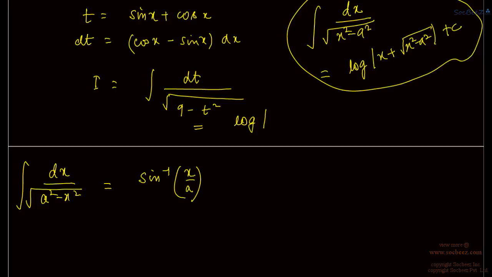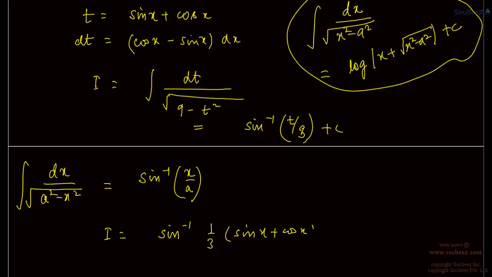So we have dt upon root under 9 minus t square as sin inverse t upon 3 plus c. So here t is sin x plus cos x. So I is sin inverse of 1 by 3 times (sin x plus cos x), right? Plus c.